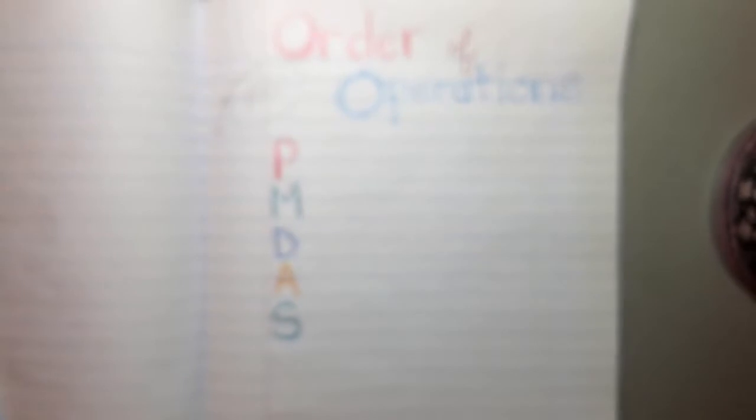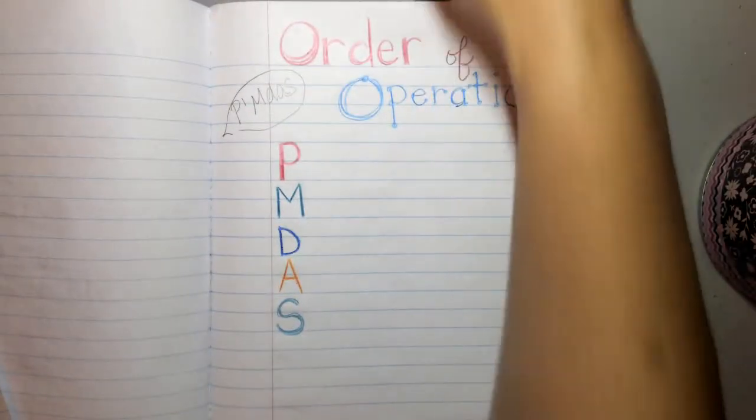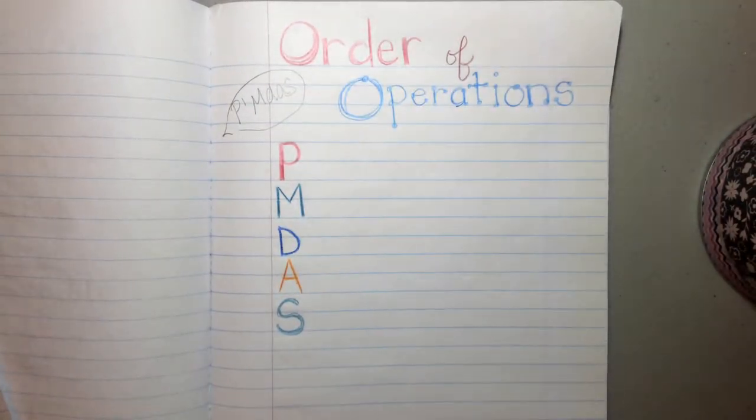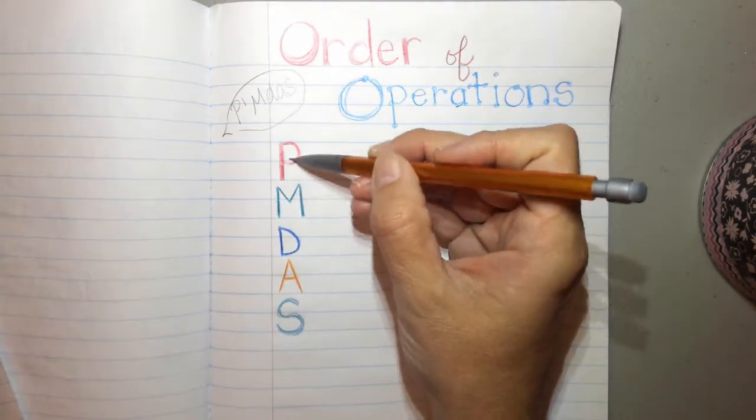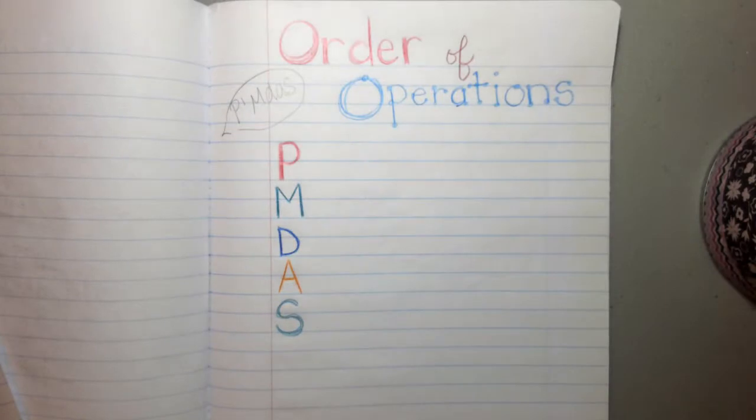PEMDAS. Order of operations. Sometimes you'll see this with an E in between the P and the M. And some people use the phrase, "Please excuse my dear Aunt Sally," to remember this.